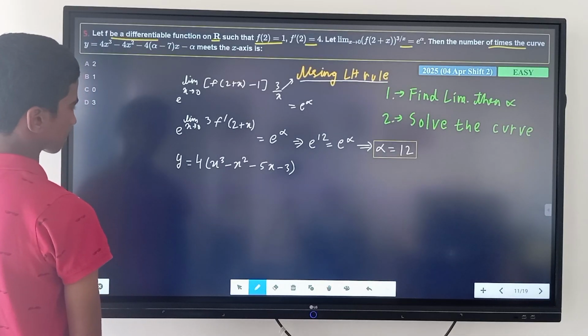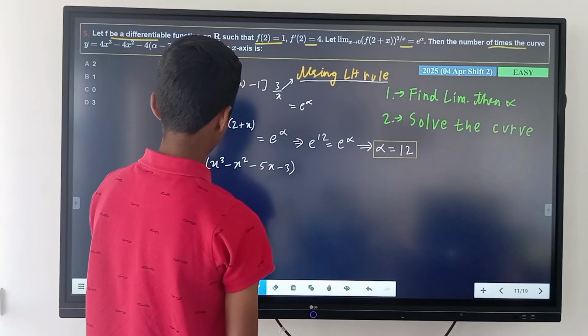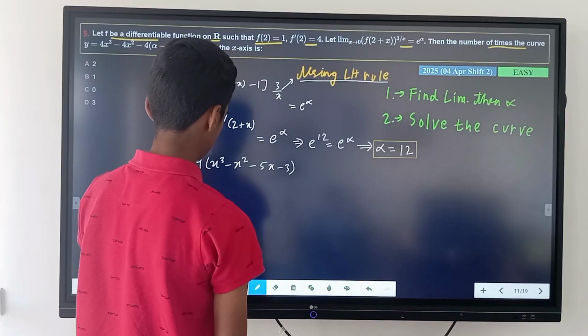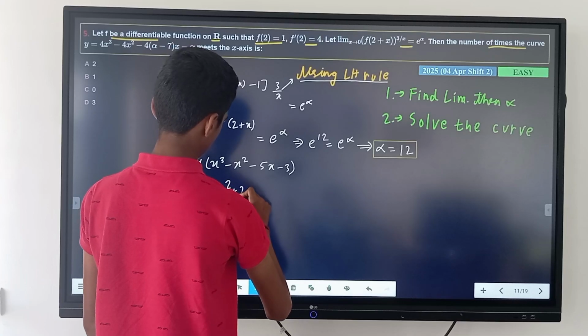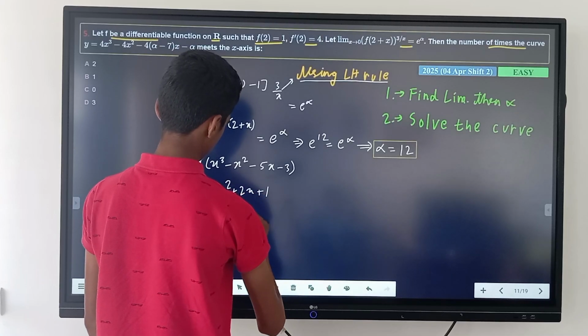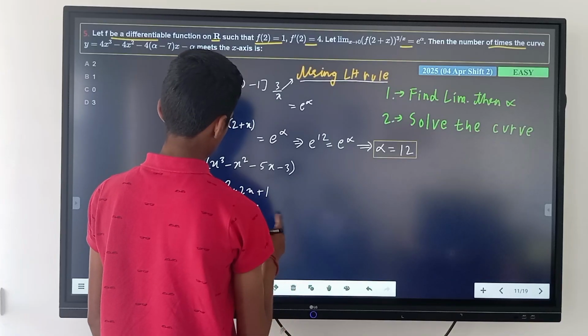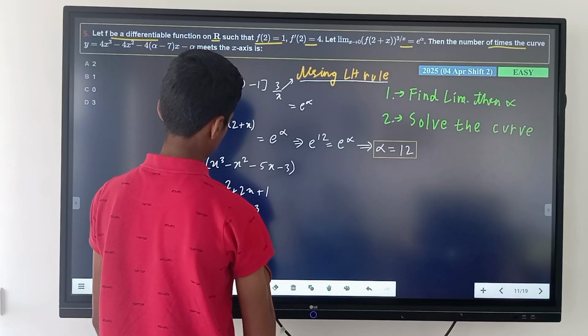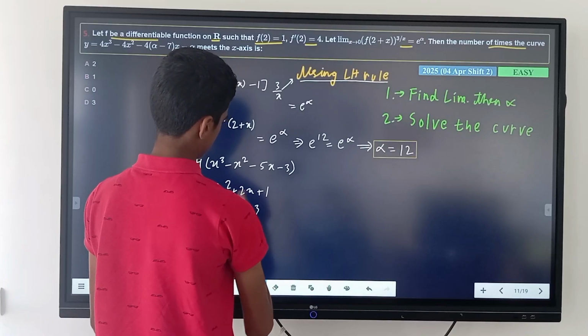Now we can separate this equation as x square plus minus 3, 2x square minus 3x square, x cube and x minus x.